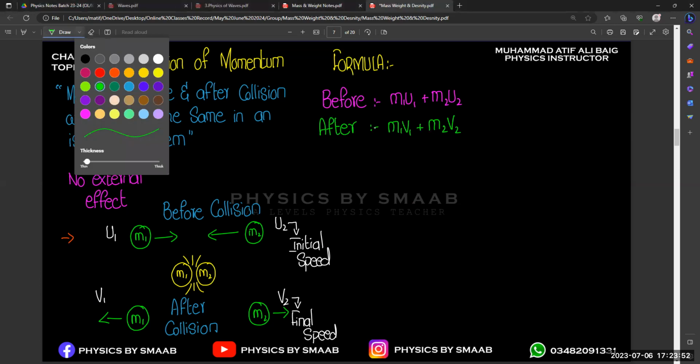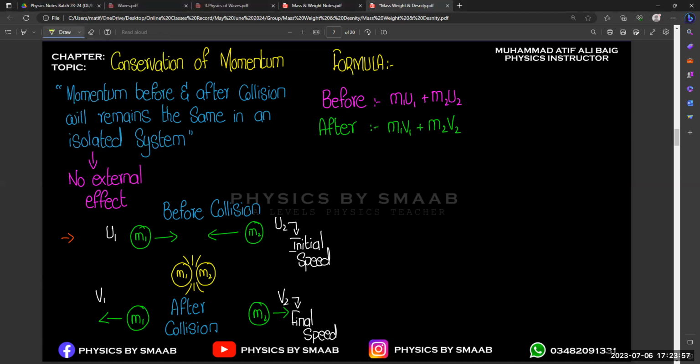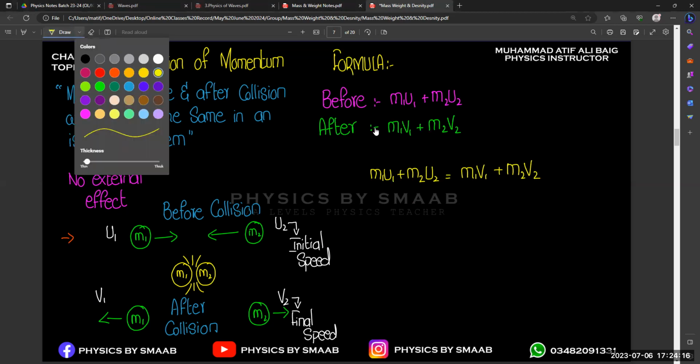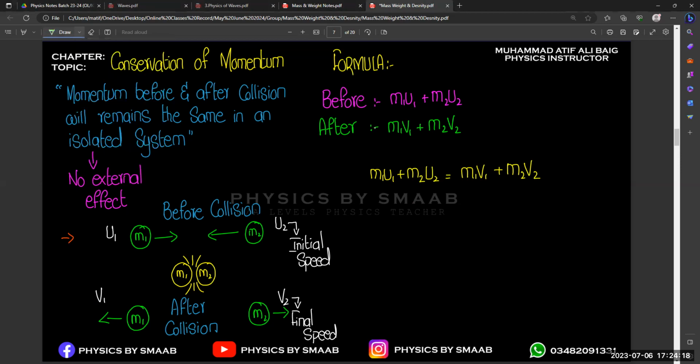Combining these, because according to the definition or the statement, momentum before and after collision remains the same, the final statement will be m1 u1 plus m2 u2 equal to m1 v1 plus m2 v2. So this is our final equation.